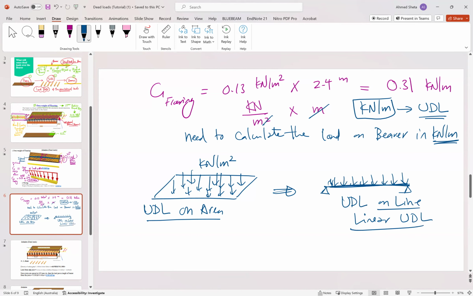So this is our bearer here, and the G value is distributed over the length, which is in kilonewton per meter.